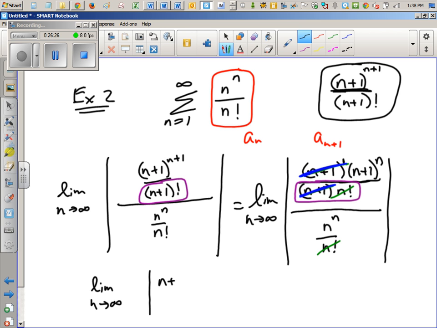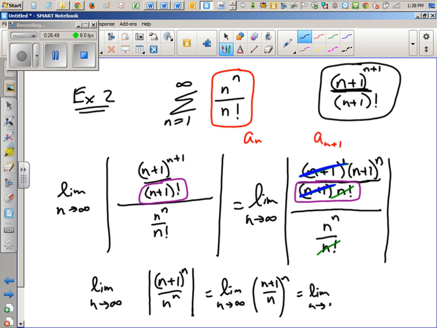We have n plus 1 to the nth over n to the nth, which in turn can be treated as n plus 1 over n, all to the nth, which in turn gives us the limit as n goes to infinity of 1 plus 1 over n to the nth.